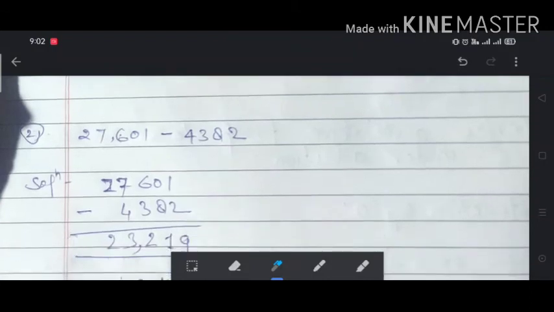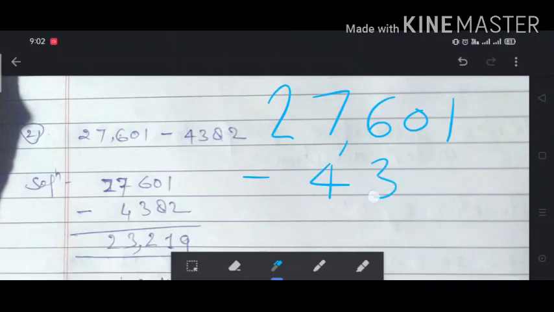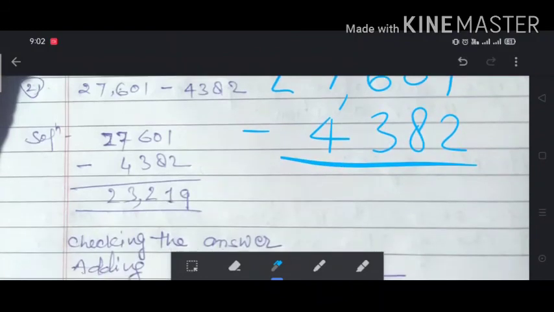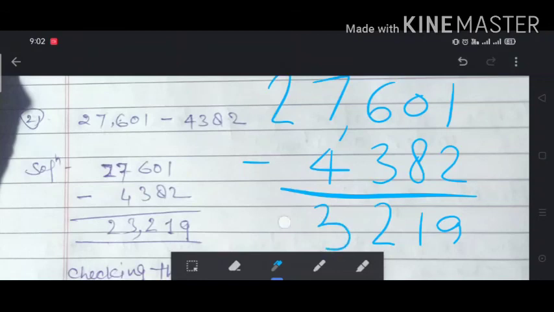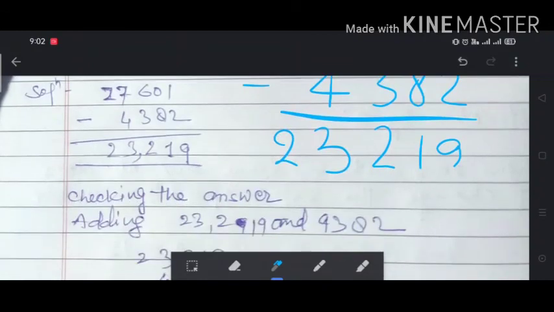So first we subtract, so we write 27601 minus 4382, and now subtracting, we get 11 minus 2, 9. 9 minus 8, 1. 5 minus 3, 2. 7 minus 4, 3. 2. Therefore, 23,219 is the required difference.